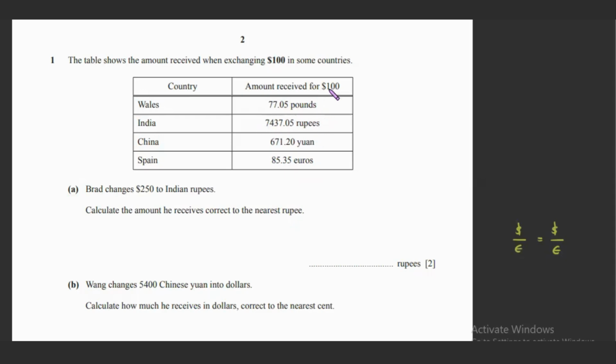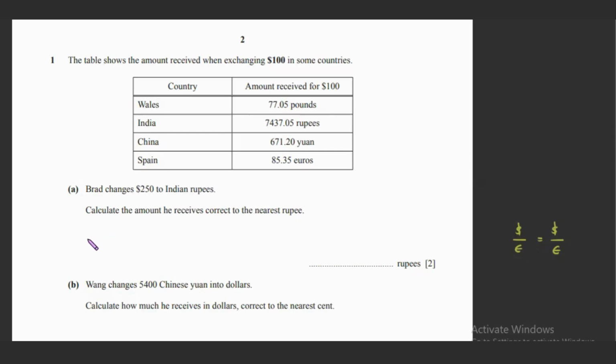So $100 in Indian rupees is going to be 7,437.05 rupees. When we do a question related to currency exchange, the same units should be written in the numerators, and the same units should be written in the denominators.